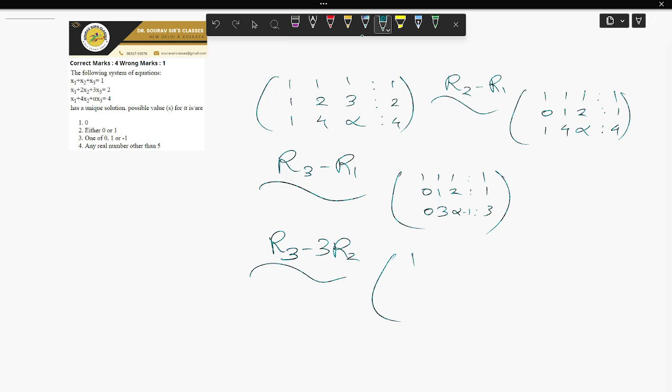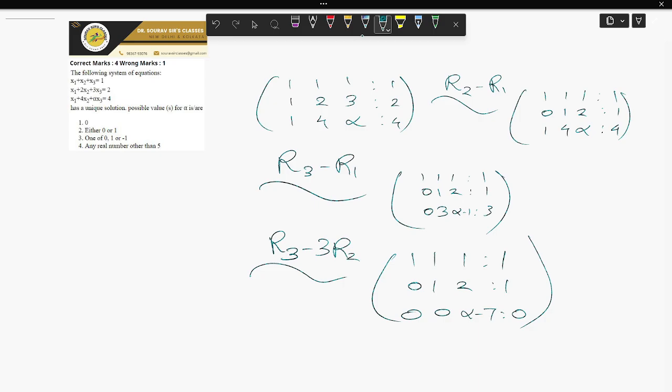Then we will get 0, 1, 2, that is 1, and that will be 0, 0. So alpha minus 1 minus of this, we will get alpha minus 7, and that will be 3 minus 3, so that is 0.